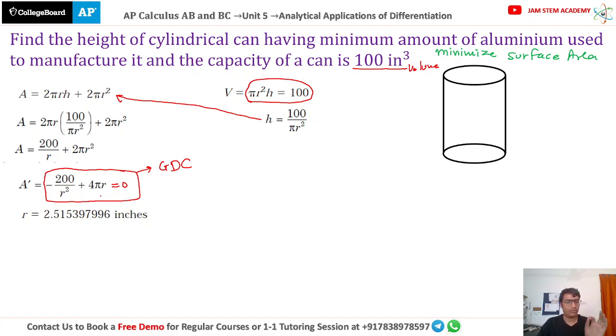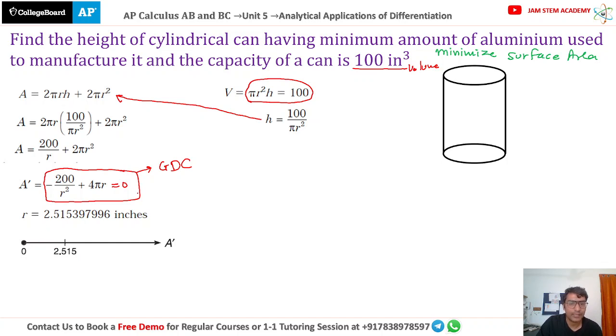Now that is the r value, meaning there is a possibility of a local minima or local maxima at this point. For that, what you can do is use the sign of A prime. Mark this point 2.515, and check for any value of r lying between these numbers. So take 1.